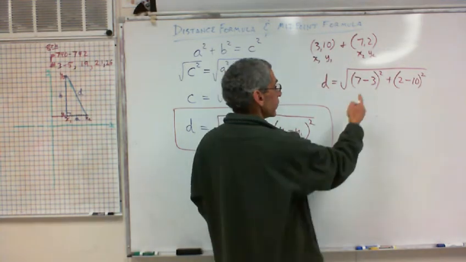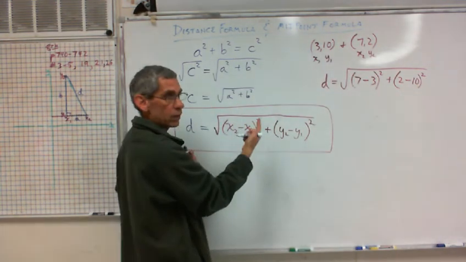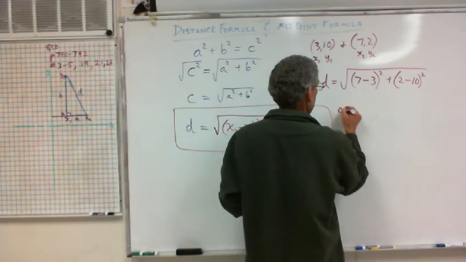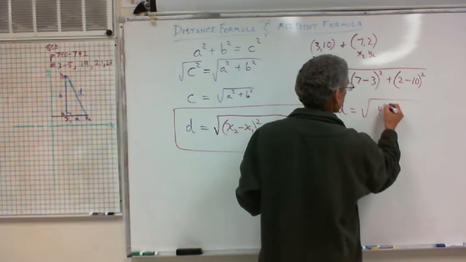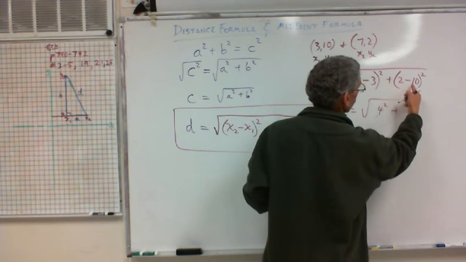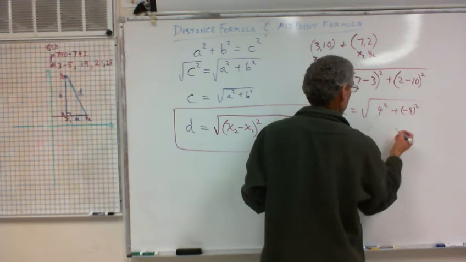They're always squared, because that's your a squared plus your b squared. So d is equal to the square root of, what's 7 minus 3? It's 4 squared, plus 2 minus 10 is negative 8 squared.